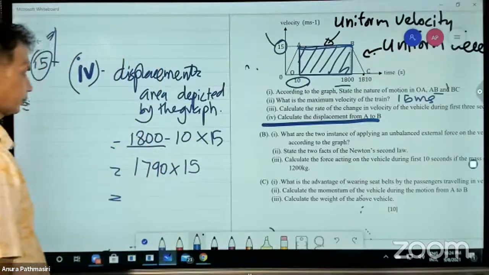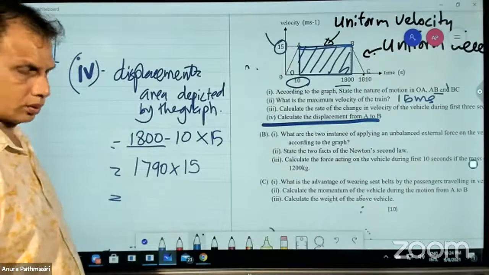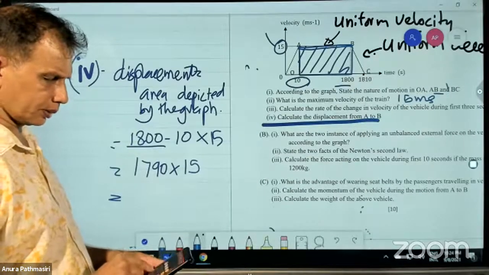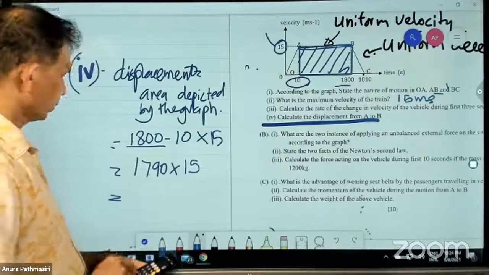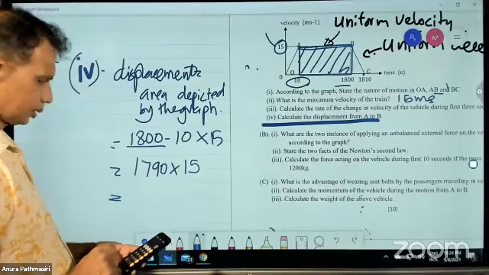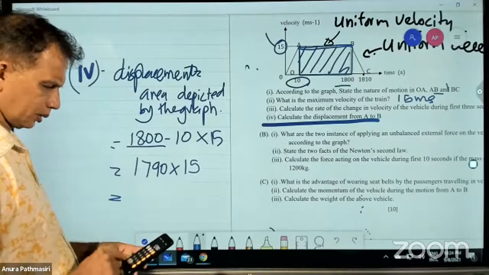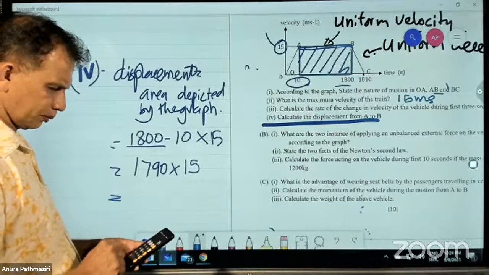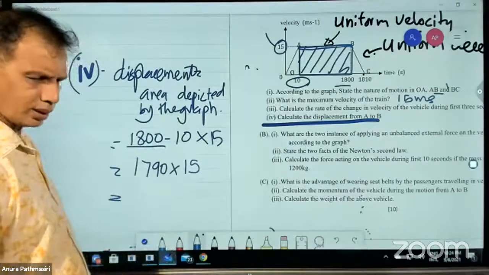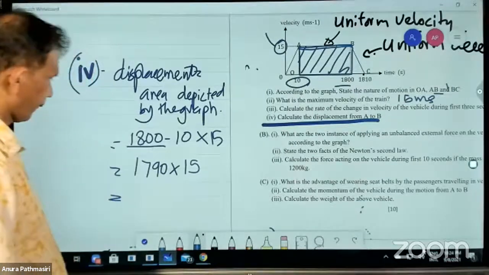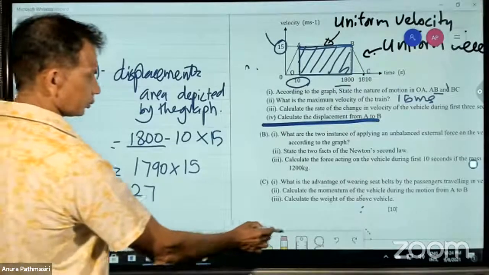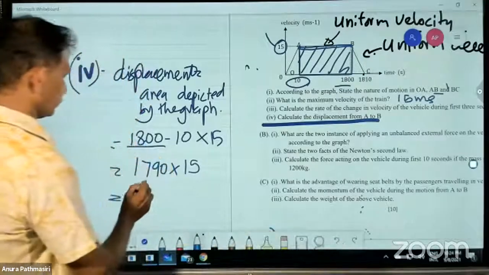So then what's the answer? The better calculators, just tell me. 1790 multiplied by 15, I'm lazy at doing. 26,850.